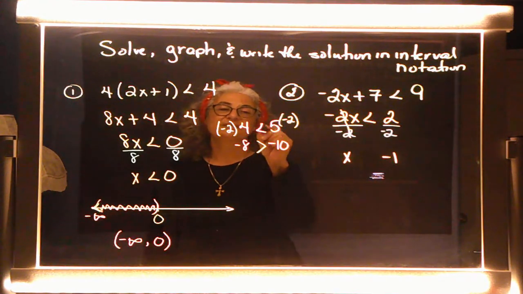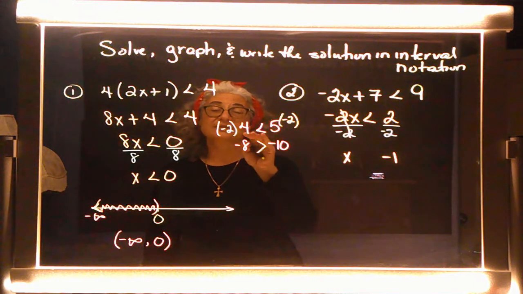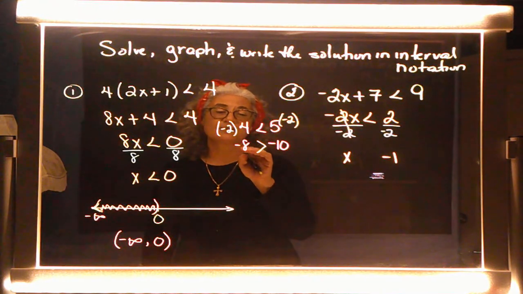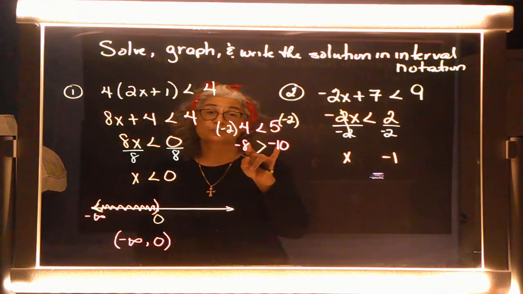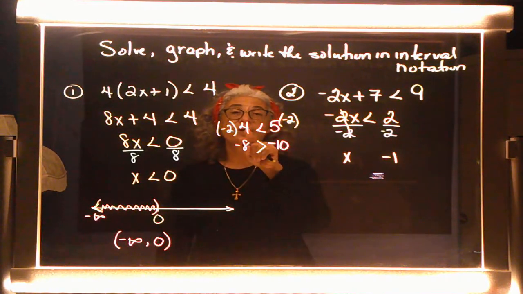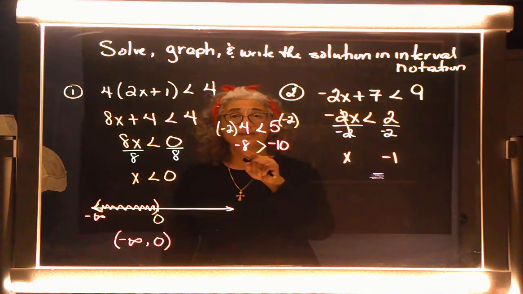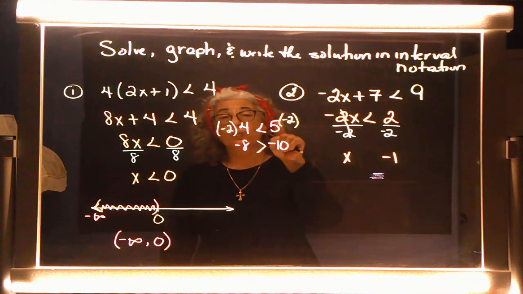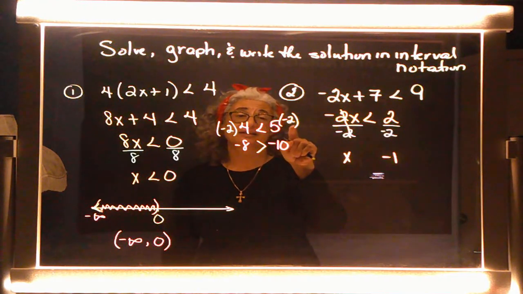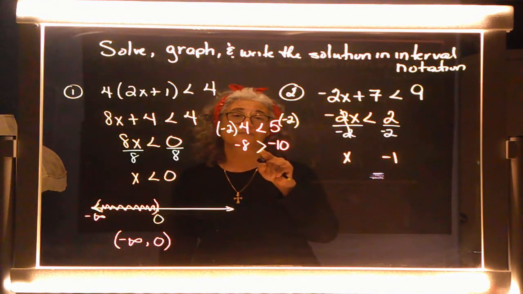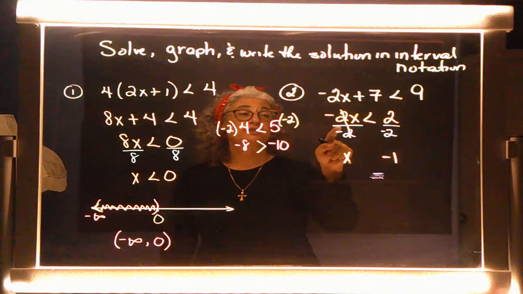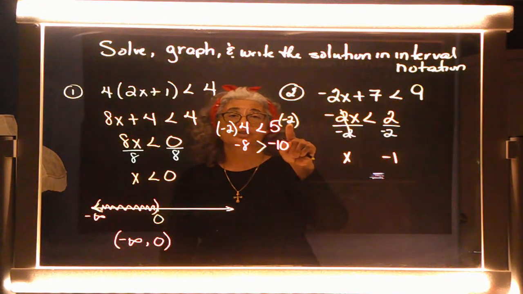So notice what happened to the inequality sign. It flipped, didn't it? It was less than, but the numbers switched their values. What was the smaller number now became the larger number when you multiplied by a negative. And what was the larger number now became the smaller number. So the inequality sign flips. Now, division is the opposite of multiplication.